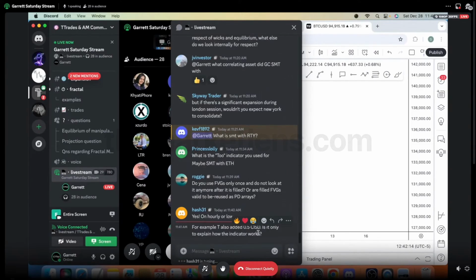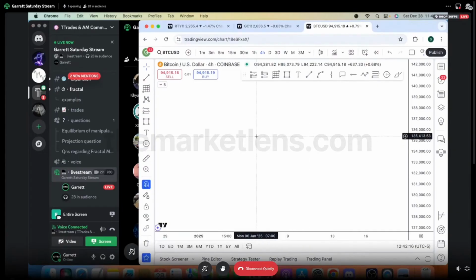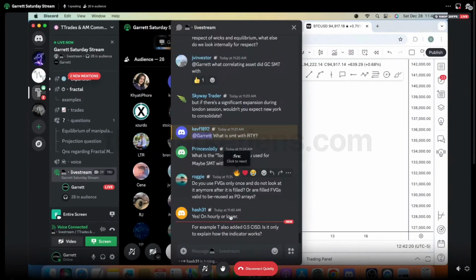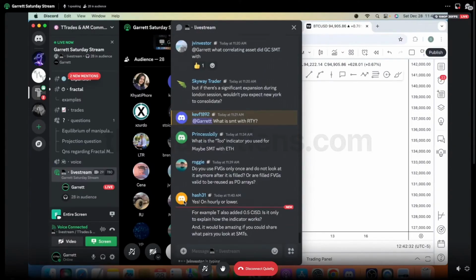This is all IPDA, by the way. Because in expansion we don't disrespect opposing candles, so it all reverts back to phase of price. Literally everything. Just open, high, low, close and phase of price is all you need to study. If you look at anyone's model, T-Trade's model, AM's model, that's all it is.